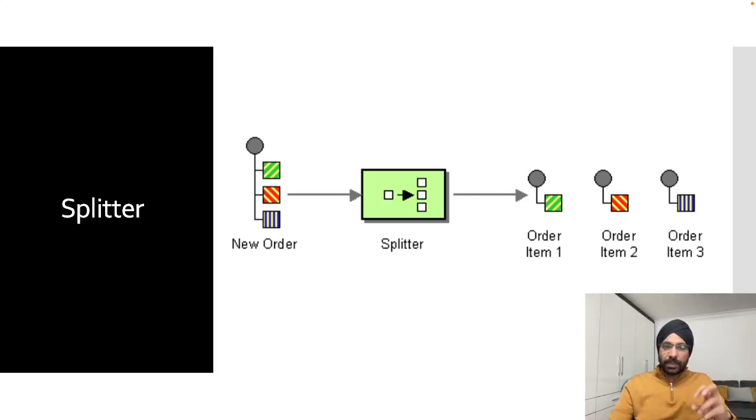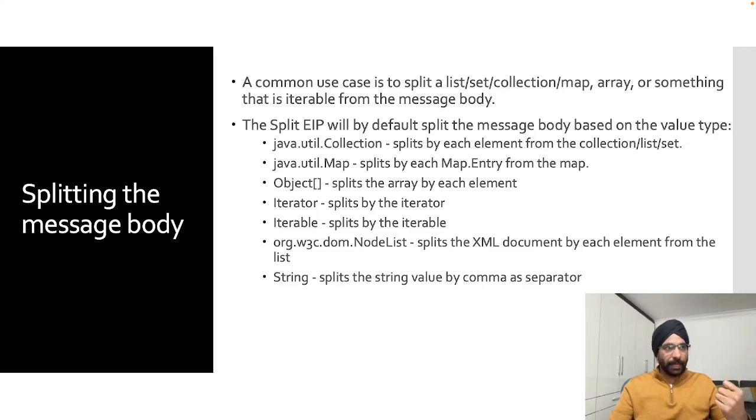First, let's understand how splitter actually works in Apache Camel. A common use case is to split a list, set, some sort of collection, map, array, or something that is iterable from the message body. So, things which can be iterated over.